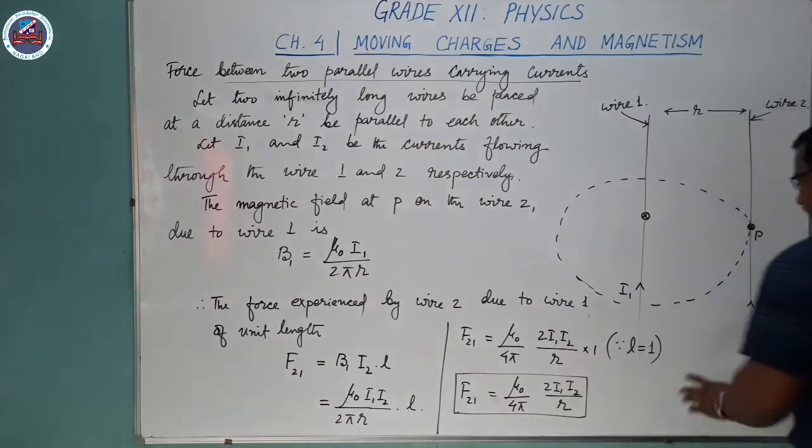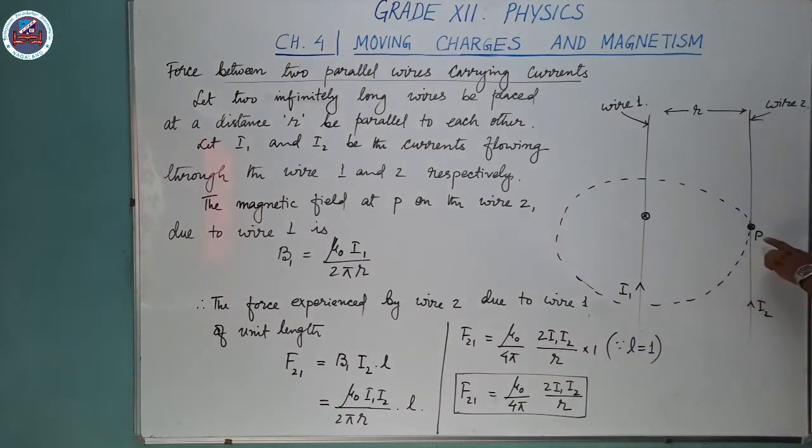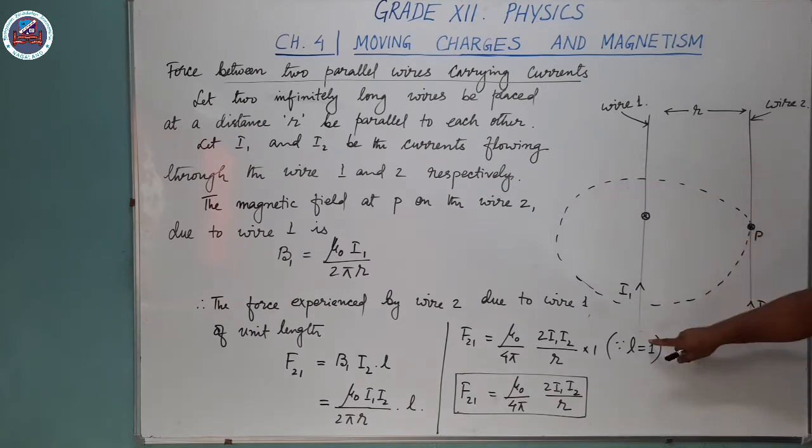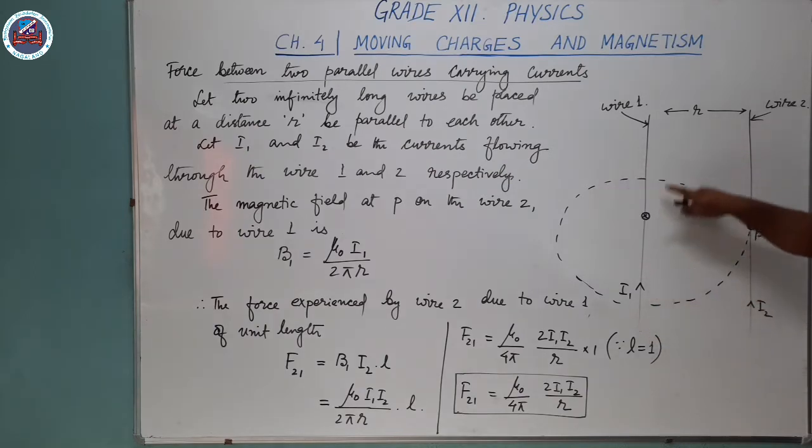At point P, the direction of current is going up, and then it's coming like this. When the current is flowing from down to top, the magnetic field line is circular.